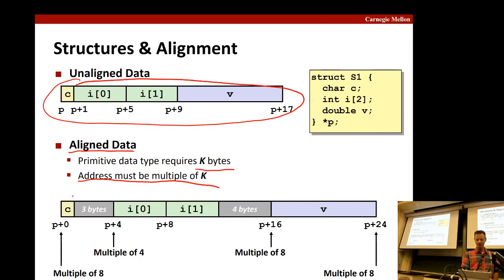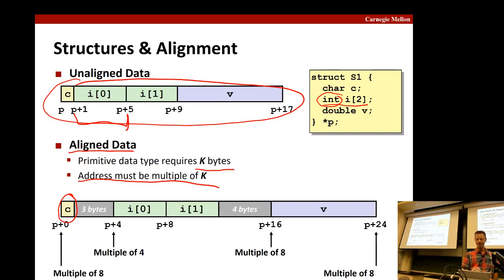You have this character, that's fine. Now you look and say, oh, I have this array of integers. Well, I know I need 4 bytes for an integer. Back here, before I did the proper alignment, if I wanted to reference that integer, I had to reference p plus 1 to p plus 5.